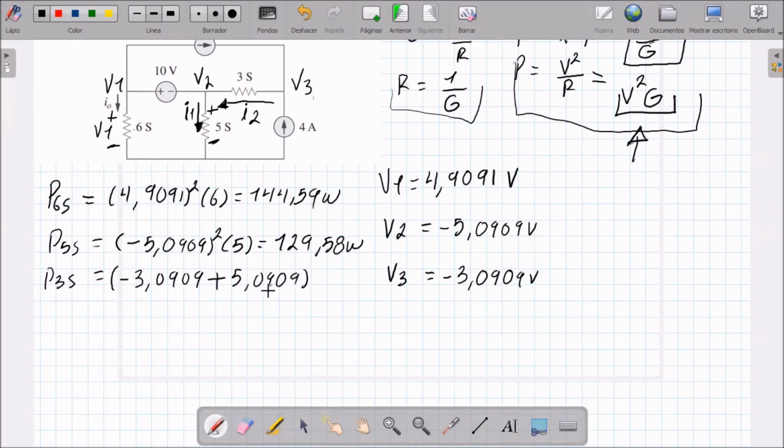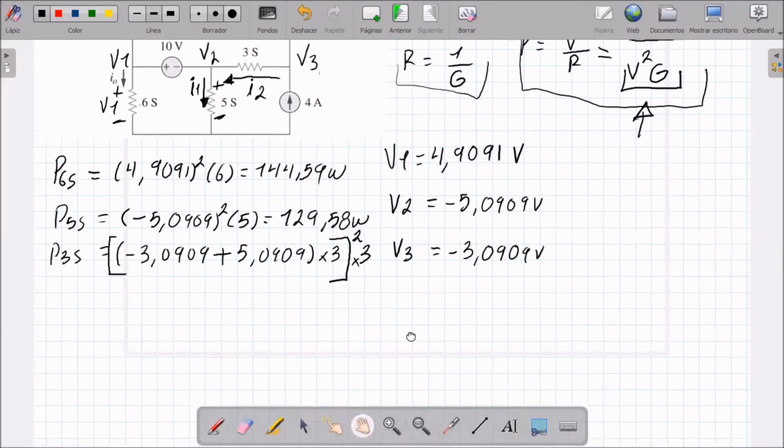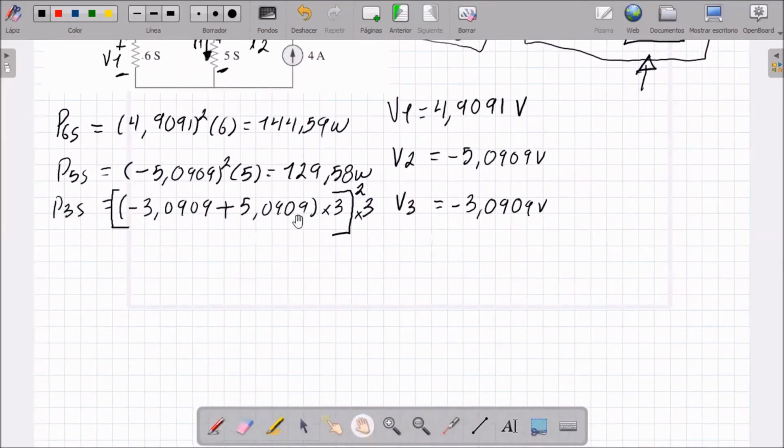This gives me V3 minus V2. For the 3 S, this is the current, right? We can square that current and multiply it by the conductance, which would be 3. That way we can find the power at that point.